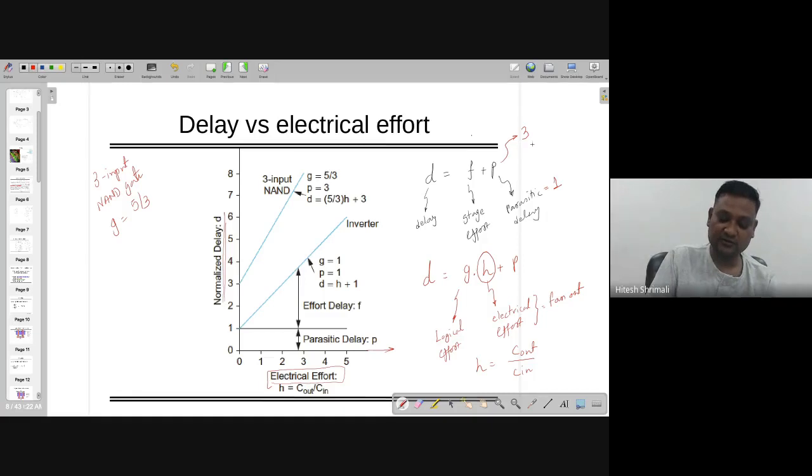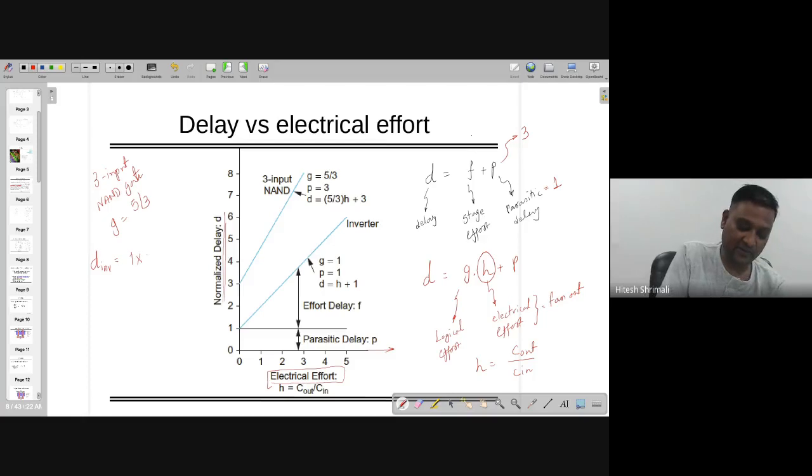If you are looking for parasitic delay for an inverter, then it's 1. And G for an inverter is 1. Let's assume these values right now so that we can understand the plot, and then we'll learn how to find out the logical effort.